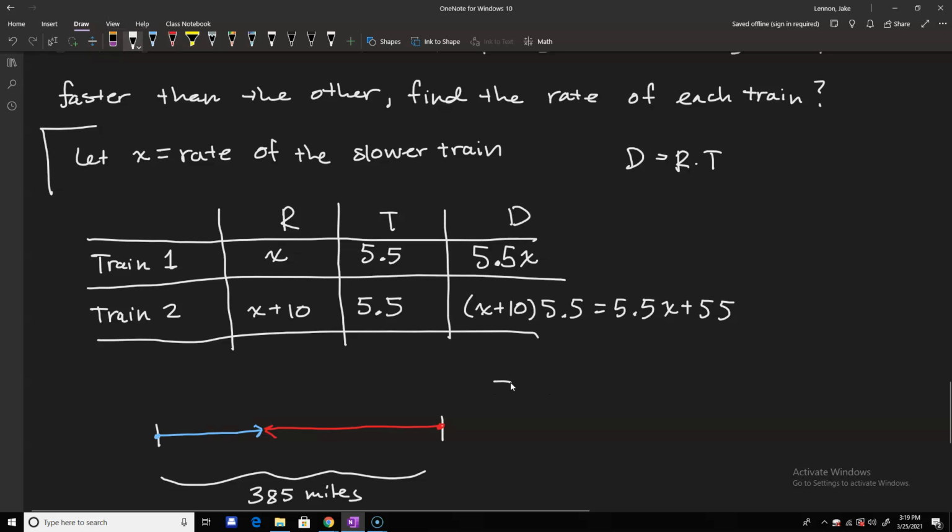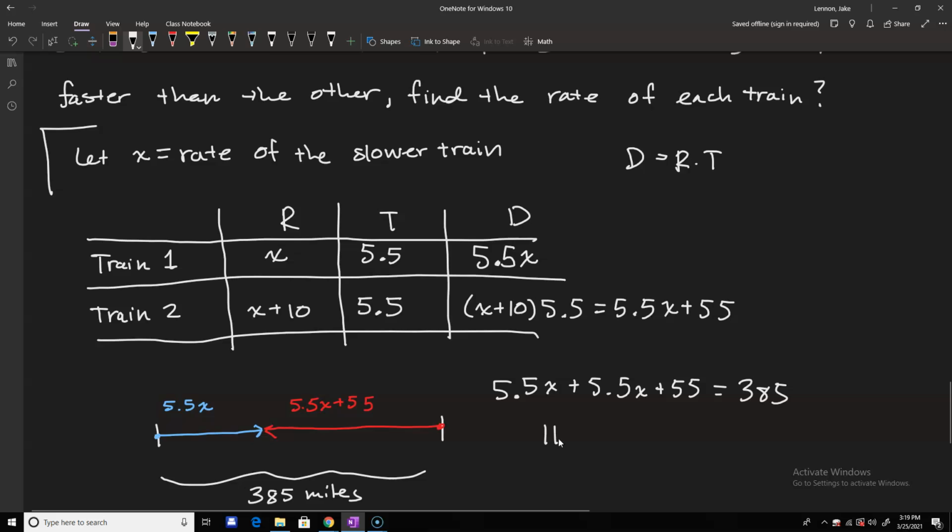So yeah, maybe we can even label these, if that makes sense. 5.5x for the blue segment, and for the red segment, it's 5.5x plus 55. So that's what gives us our equation. So we get 5.5x plus 5.5x plus 55. This is equal to the 385 total distance.